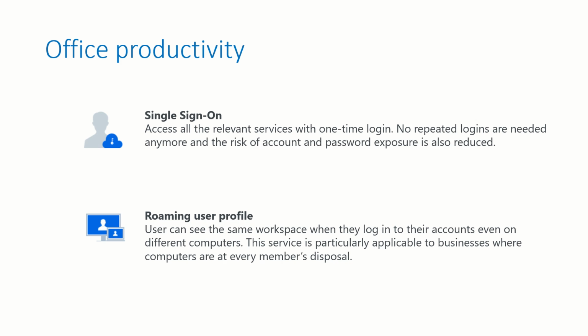So I've touched on this already, but this is really important for office productivity. I've already mentioned the single sign-on. We'll actually take a look at that a little bit more in detail in the next demo. But also roaming profiles.